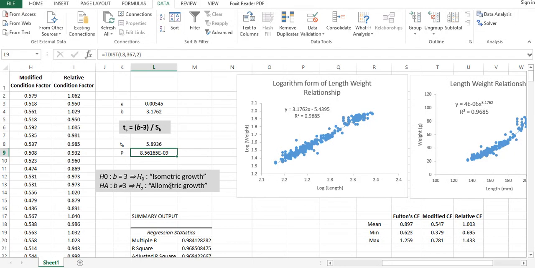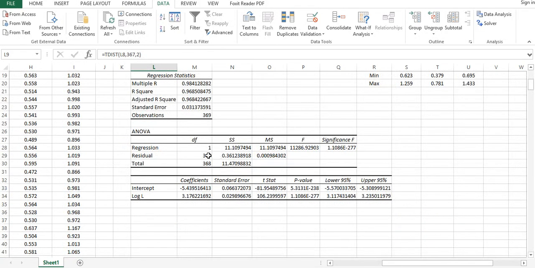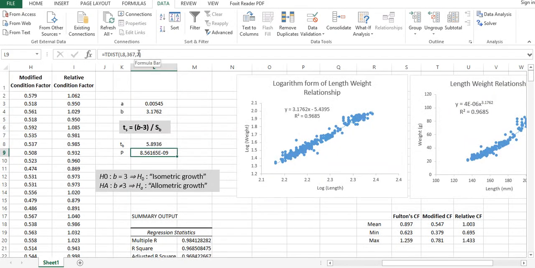For the p value you use a normal Excel function, T.DIST. You put your observed t value, then the degrees of freedom of the residual, which is 367, and then whether it is one-tail or two-tail. Here it is a normal two-tail t-test, and then you get your p value.